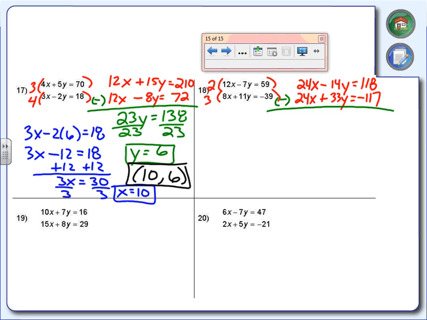Subtract everything else though. Negative 14y minus 33y is a negative what? 47. 118 minus a negative 117 is what? Put it in your calculator. 235.